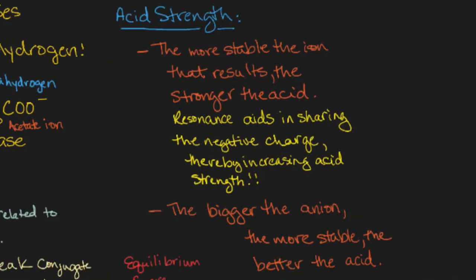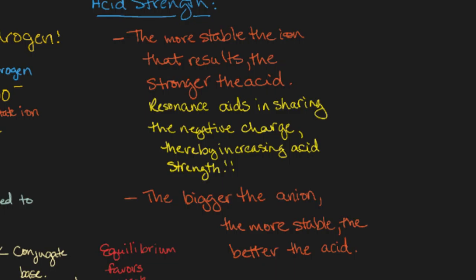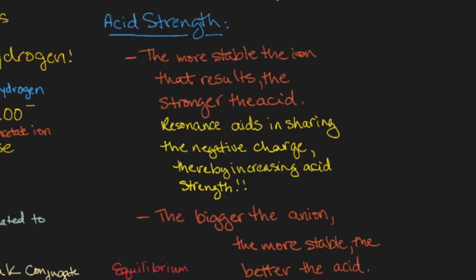How can we compare acid strength? Well, one thing is the stability of the ion that results after the acid donates its proton. The more stable the ion, the stronger the acid is.